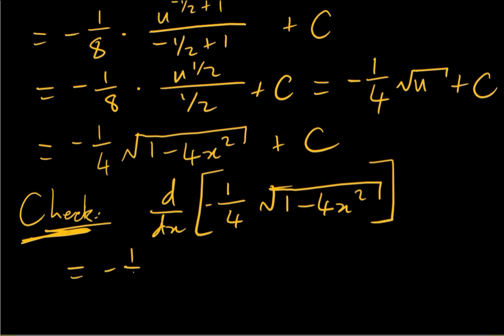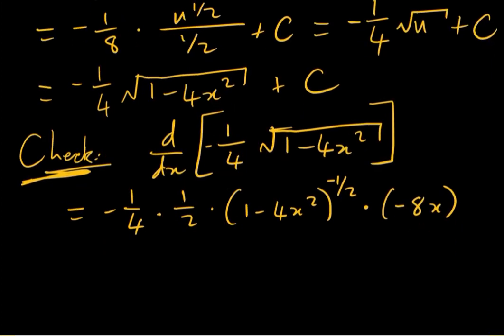So we have a negative a quarter. Now remember, with differentiation, this power half, we bring down the half. The power gets reduced by 1, so this becomes negative half. And then we multiply by the derivative of the inner function, which is negative 8x.